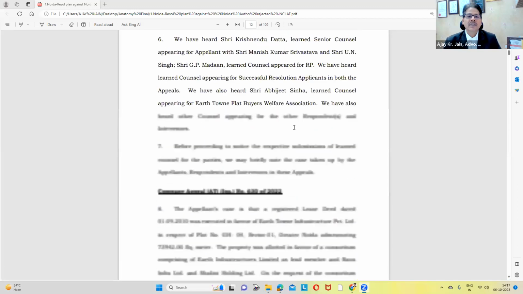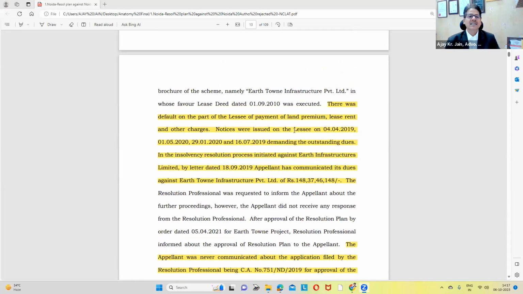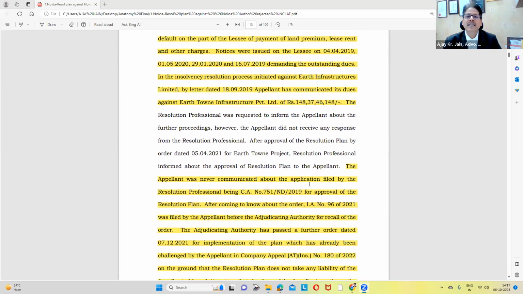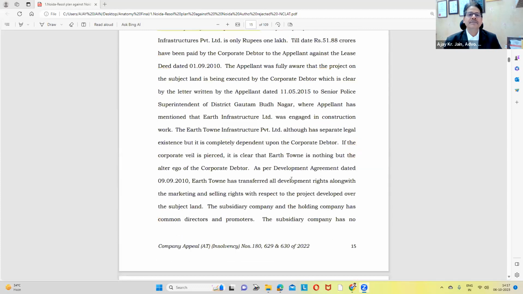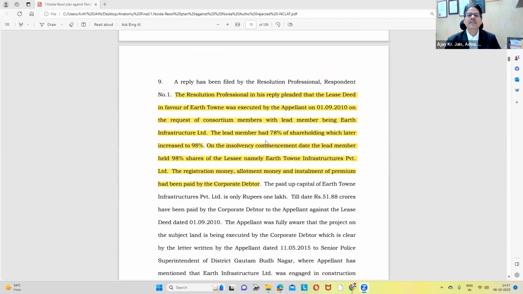Now come to the relevant para. There was a default in payment of lease rent of the land. Dues were huge. 148 crores were the dues to the Greater Noida. Now come to the land owning company.